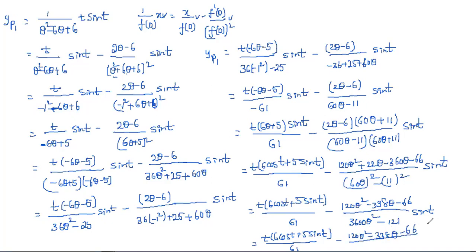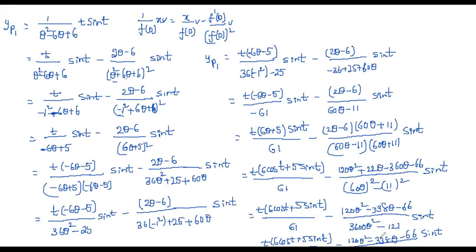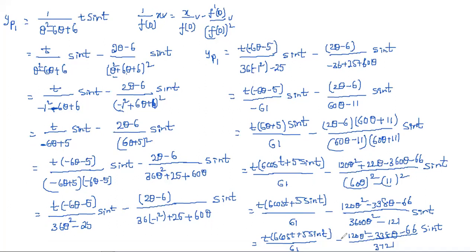If you substitute theta square as minus 1, we get minus 3600 and minus 121, that is 3721. And this minus minus cancel, plus we get.